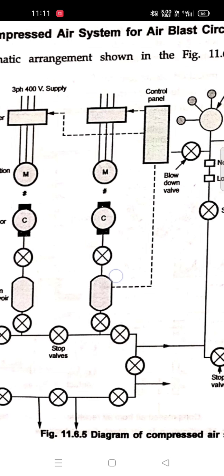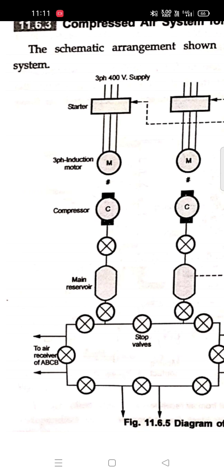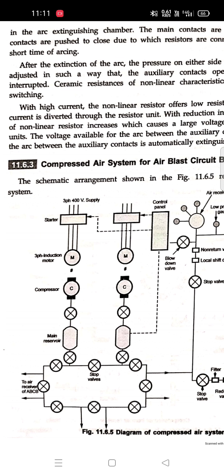So here we have only one condition, that is we have to maintain the air pressure in these reservoirs, and if the pressure reduces below a certain value, then it will automatically, by opening the pneumatic valve, go into the air reservoir.